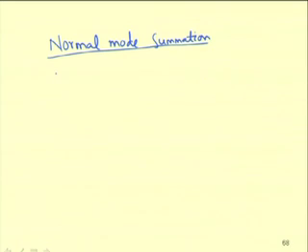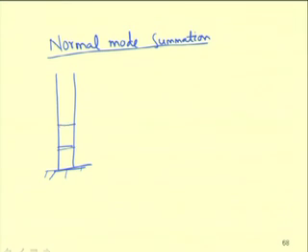For example, consider a multi-storied building subjected to earthquake excitation. As only some lower frequencies will affect the motion of the system, instead of considering all the degrees of freedom, one may take a lower order of degrees of freedom to find the equation of motion or the response of the system.